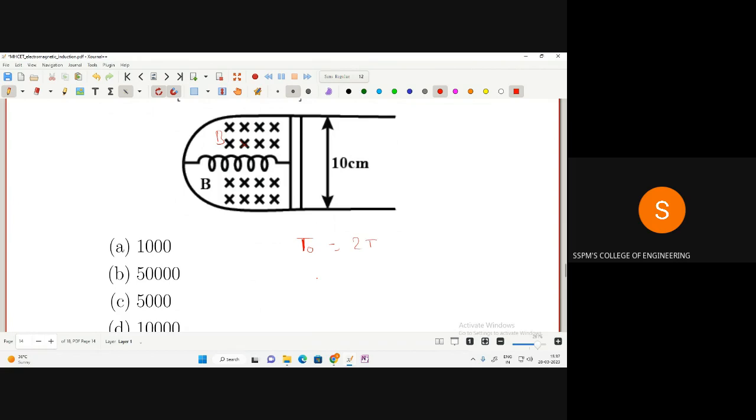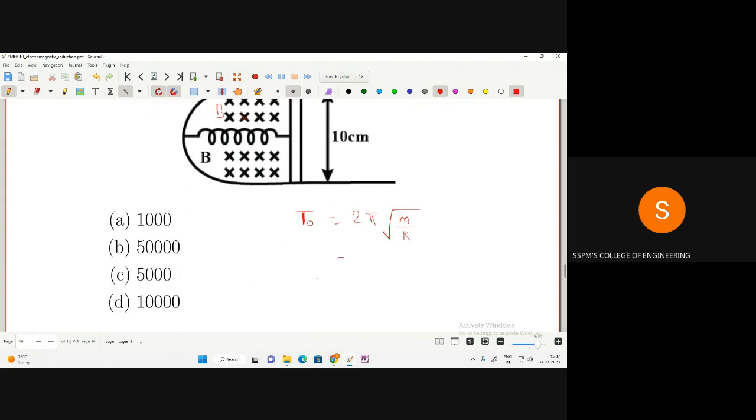T0 = 2π √(m/k), हे इक्वेशन तुम्हाला रिमाइंड व्हायला पाहिजे, where m is a mass and k is a spring constant and T0 is the time period of the oscillation. तर हे सॉल्व करायचं तुम्हाला. 2π, the mass is given 50 gram, म्हणजे किलो SI युनिट घ्या, MKS युनिट 0.05 येणार kg, स्प्रिंग कॉन्स्टंट किती आहे 0.5, and after solving it you will get the time period 2π upon square root 10 येणार.